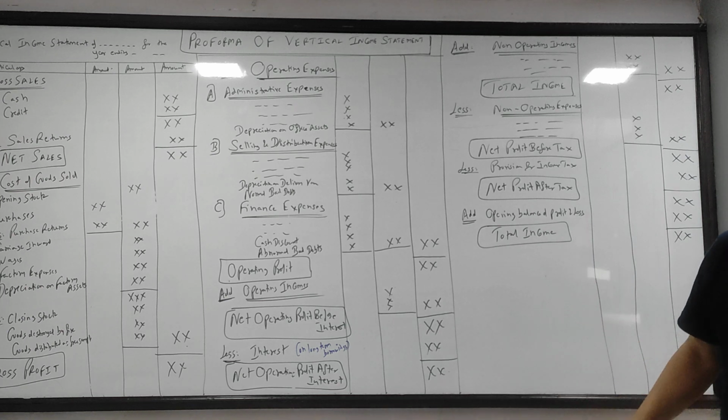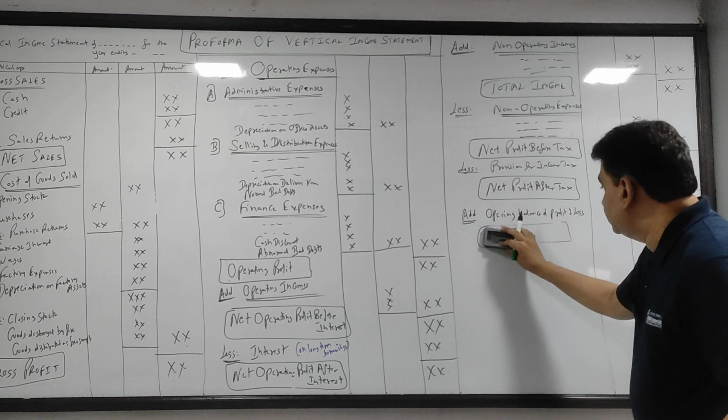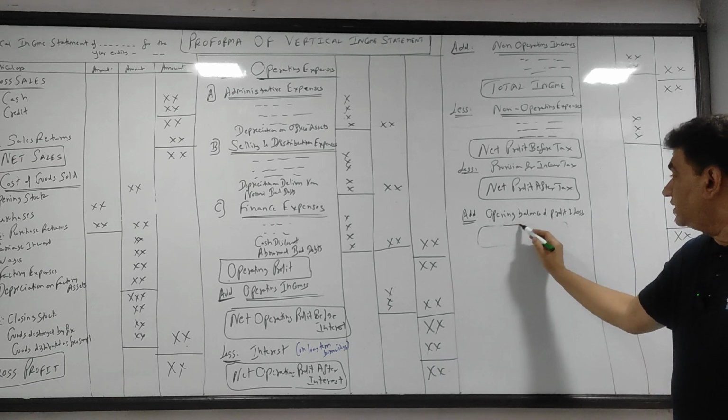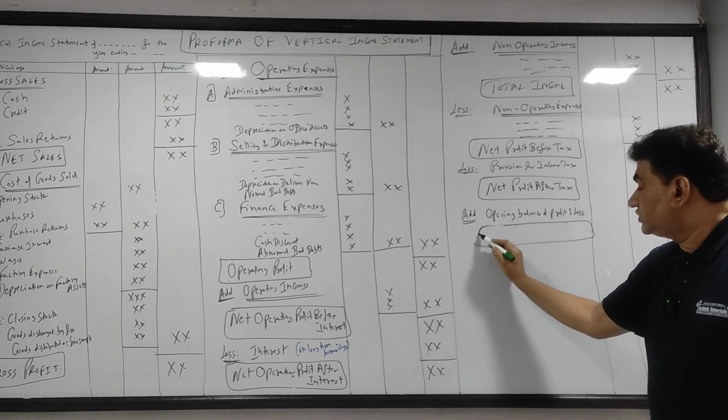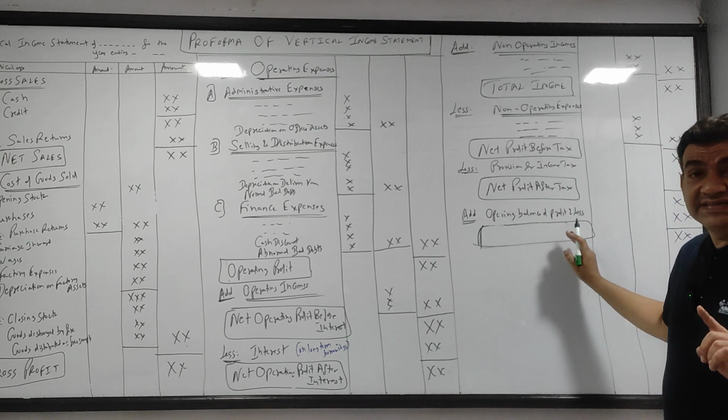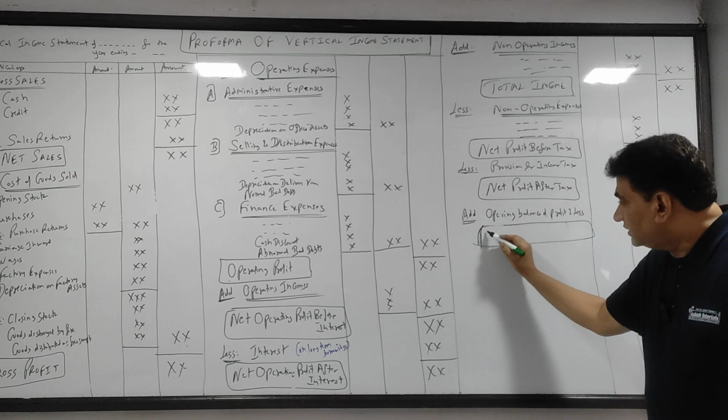Sorry. Not total income, my bad. Net profit after tax, add opening balance of P&L. This will give you what I told you. After this comes appropriation.